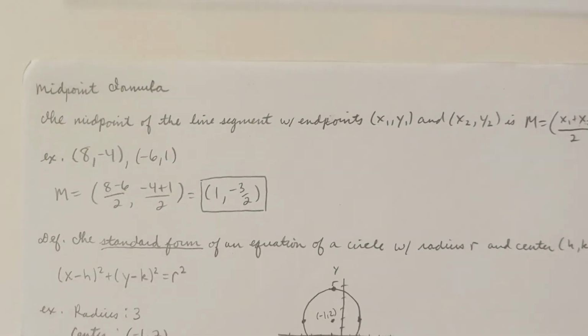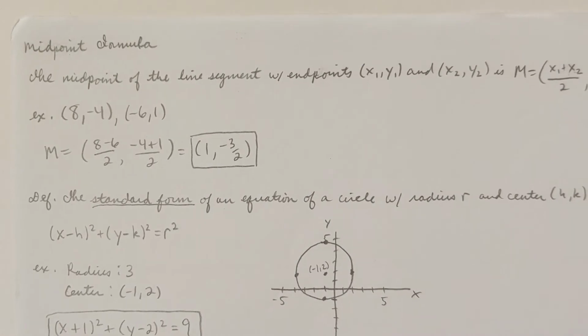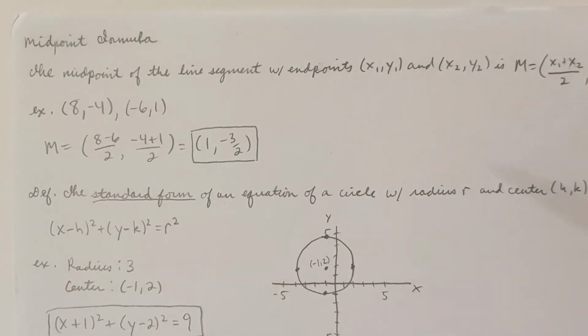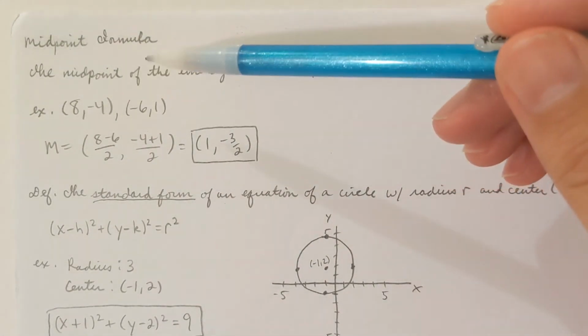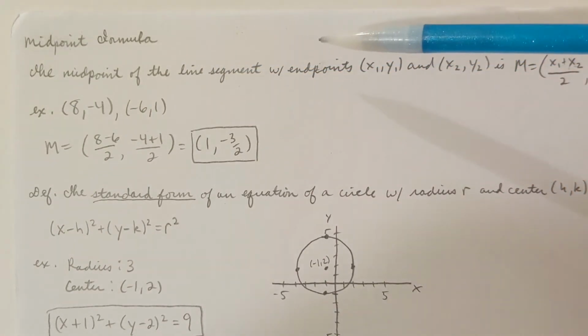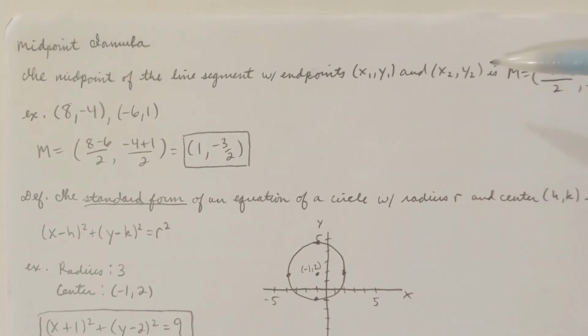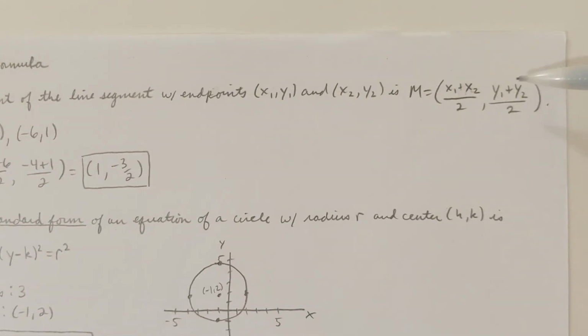As far as the midpoint formula, there's a theorem in the book stating that the midpoint of the line segment with the endpoints x1, y1, and x2, y2 is M equals the point x1 plus x2 over 2, y1 plus y2 over 2.